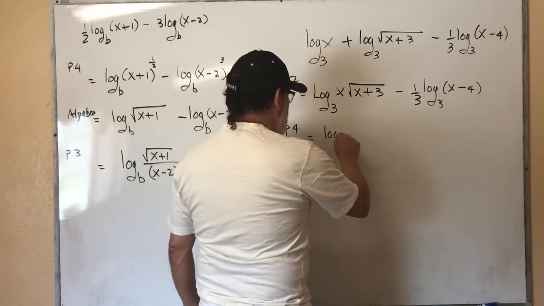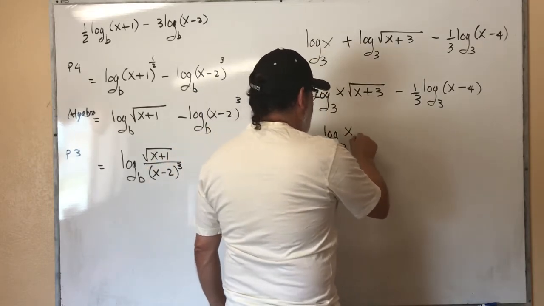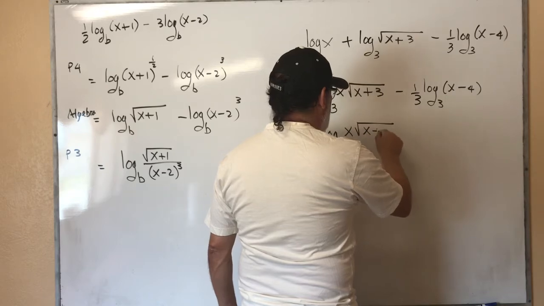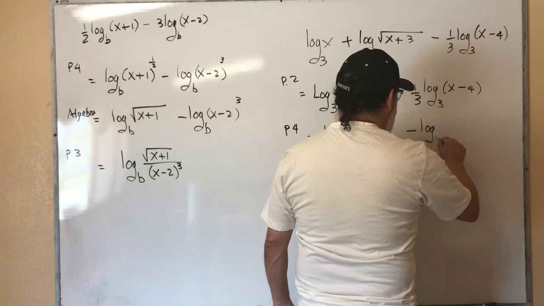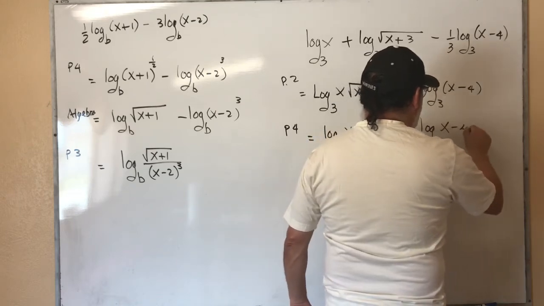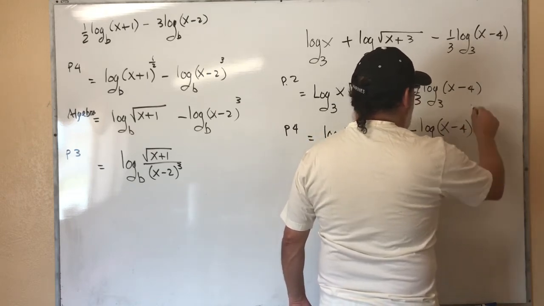This is log base 3 of x, the square root of x plus 3, and this goes up, minus the log base 3 of x minus 4 raised to the 1/3.